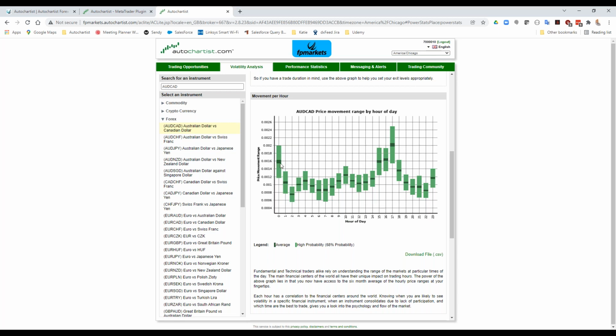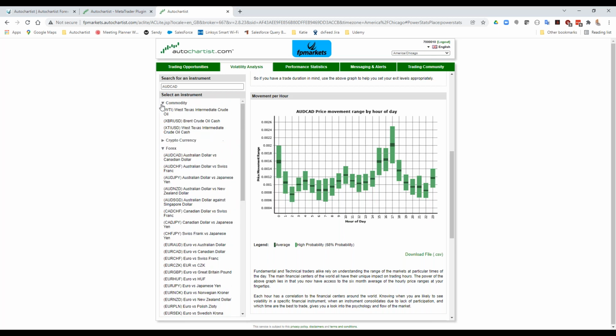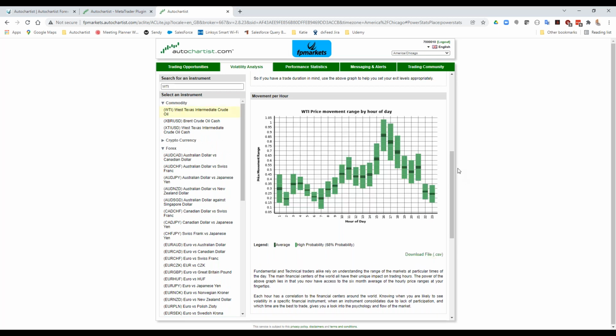You have these 2 spikes in volatility. Let's actually look at something else. Let's look at some commodities. WTI, interesting enough, late afternoon again, a peak of trade for my time zone.